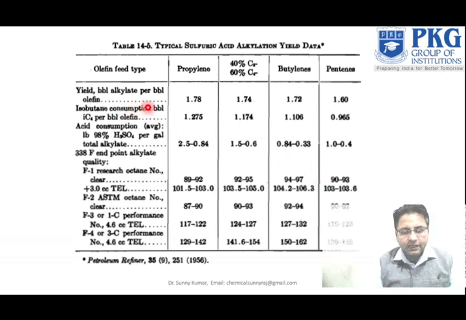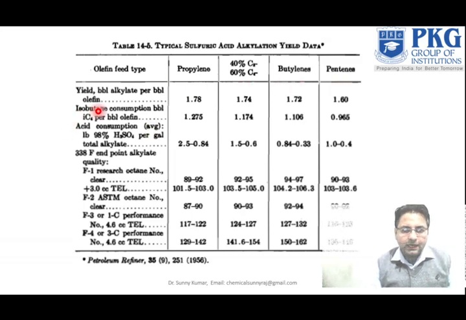If you see here, the first column is the olefin feed type, the second column is propylene, the third is 40% and 60% of this carbon percentage, and then butylene and pentene. So these are the 5 columns.